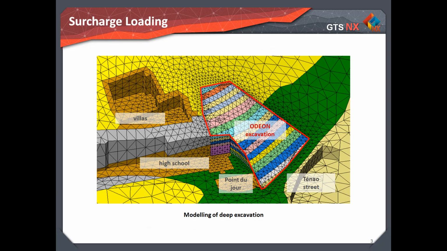The surcharge loading to be used should be compatible with the particular situation being modeled. However, in most cases, a surcharge loading to model construction traffic, storage of material adjacent to a retaining wall, and so on, should be included.